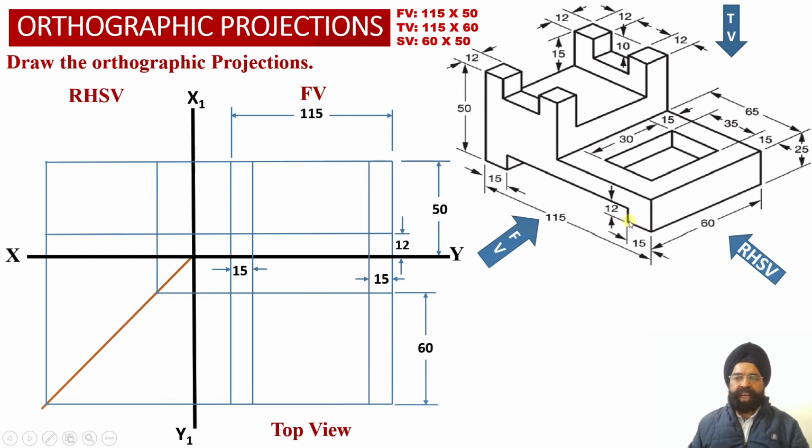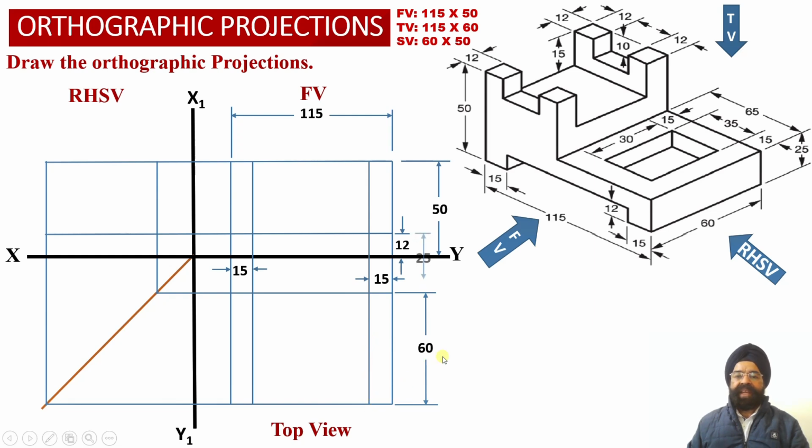Similarly, corresponding to the second leg of this horizontal web of the solid, we have the width of the second leg as 15 millimeter once again. So now we have marked a distance of 15 millimeter width from the right hand side face of the solid, and we have drawn a vertical projector line into the front view projections, and we have appropriately extended this vertical projector line into the top view projections.